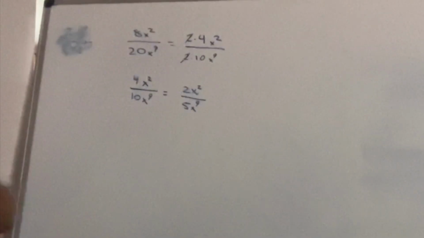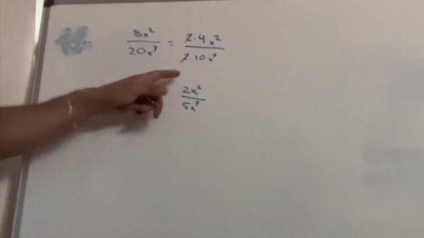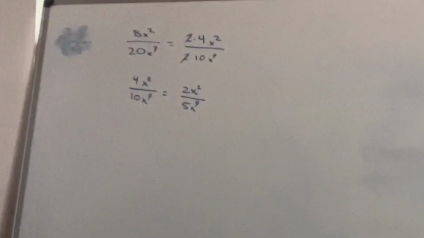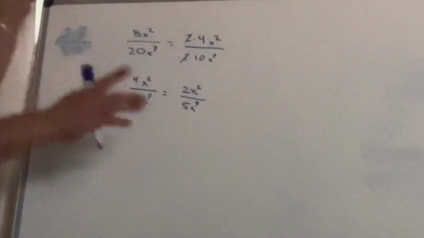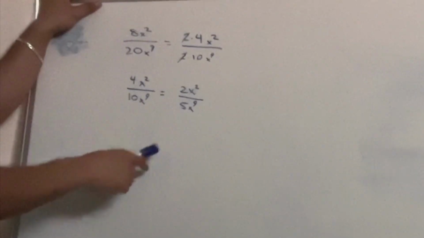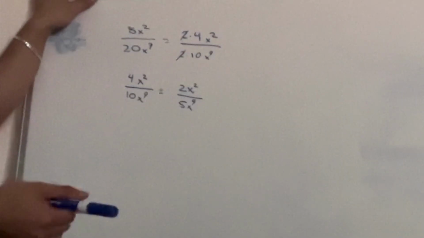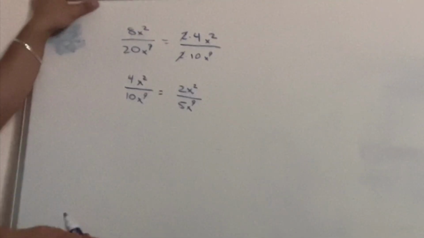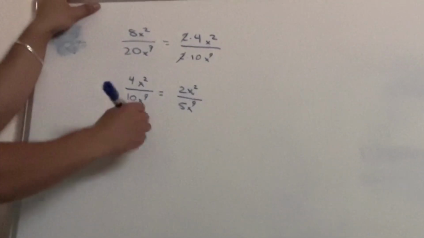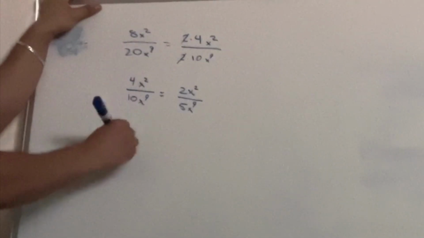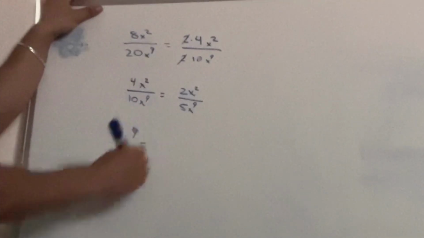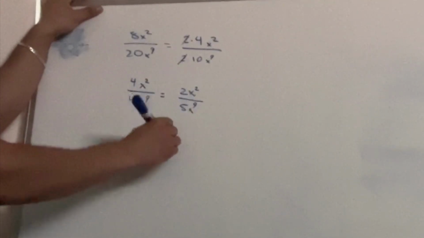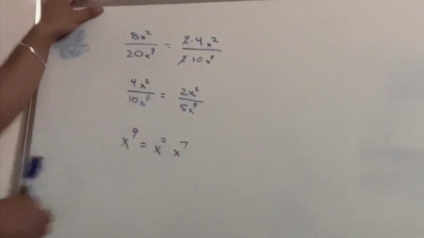It's fine. All right. So now let's work with the variables. So we have an x squared on top, and we have an x to the 9th on the bottom. We can break it down, because x to the 9th is the same thing as saying x squared times x to the 7th, right?